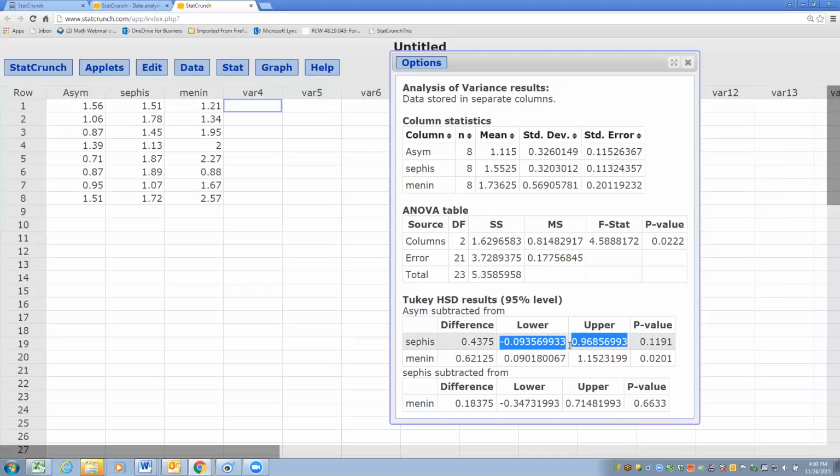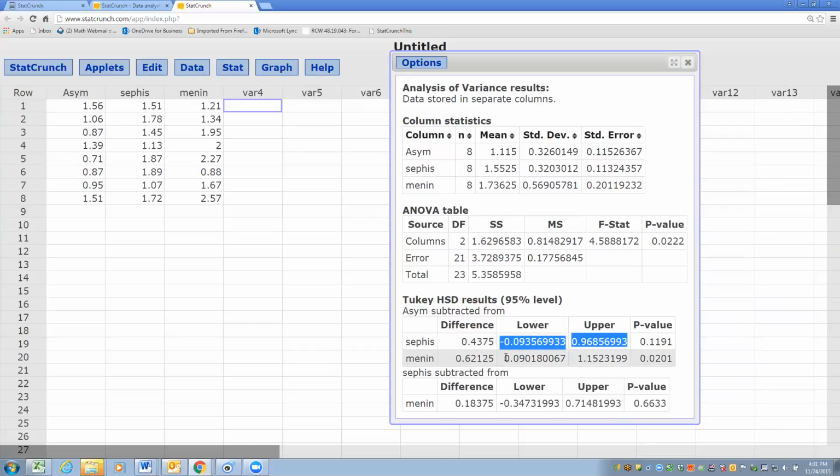If that confidence interval contains 0, then we do not have enough evidence to suggest that the averages are different. So in this case, because 0 lies in this interval, we do not have enough evidence to say that those that were asymptomatic are different than those that had sepsis.